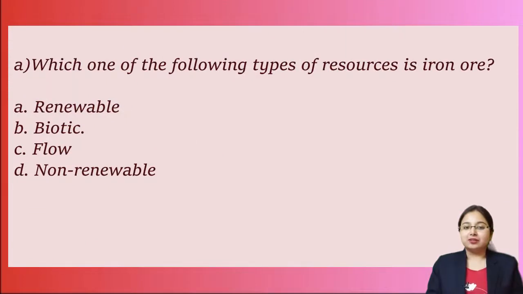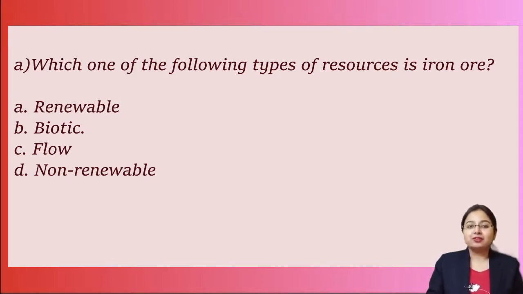So the first question is, which one of the following types of resource is iron ore? Options are A. Renewable, B. Biotic, C. Flow, and the fourth one is non-renewable. So children, I have already explained to you that iron ore is a non-renewable resource. What do you understand by non-renewable resource?